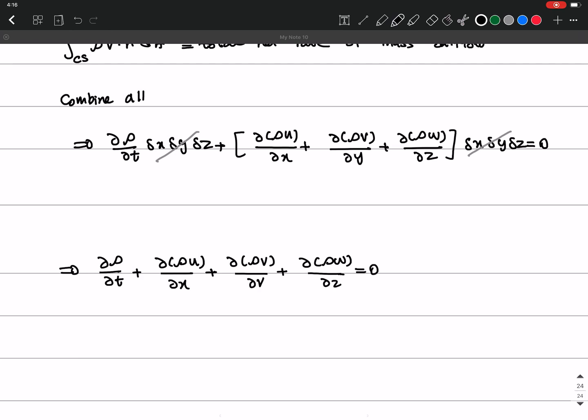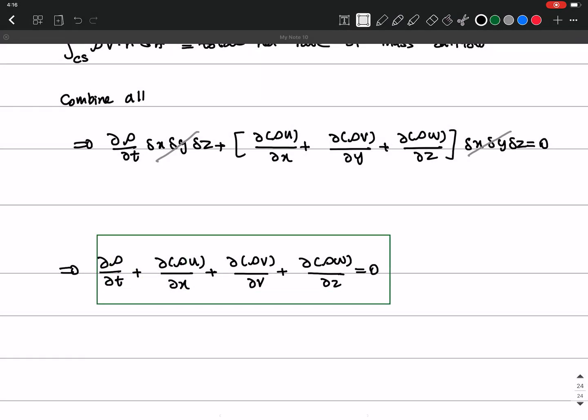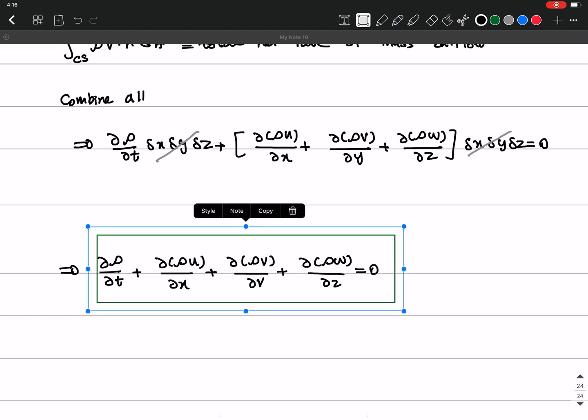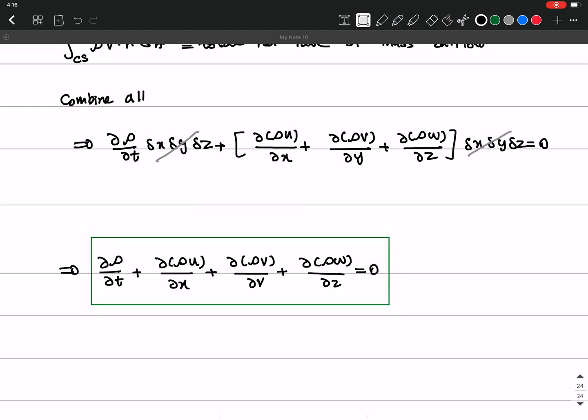Okay, so this is a very important equation, and this is actually what we call the continuity equation in differential form.